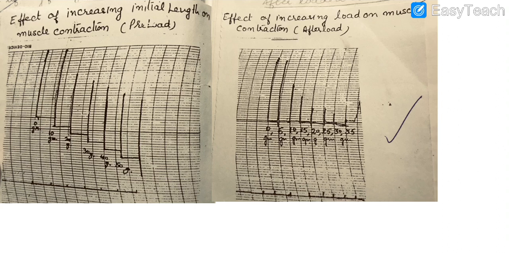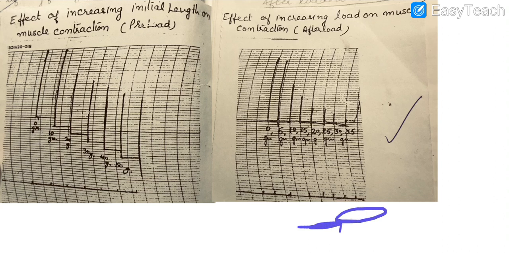But in this one, preload and afterload: in the preload, the initial length is increasing, but in afterload, the initial length remains the same, but once the muscle has started contracting, then the effect of the load comes into play. Just imagine this is now and this is the muscle.